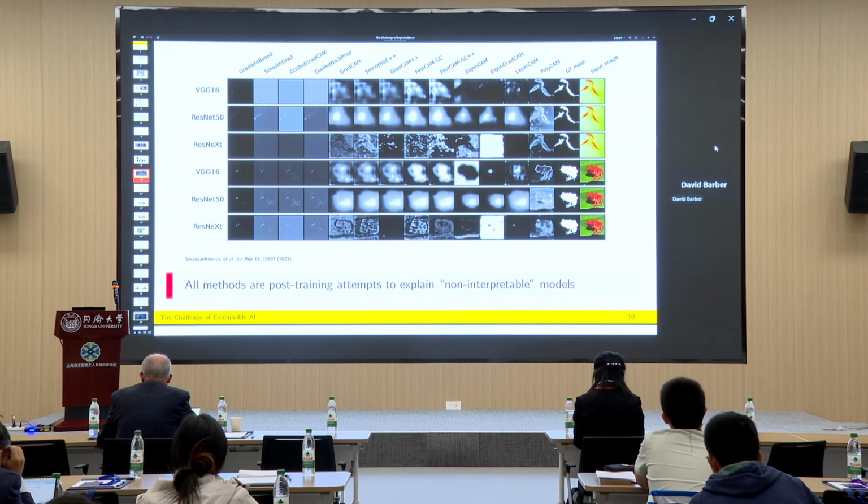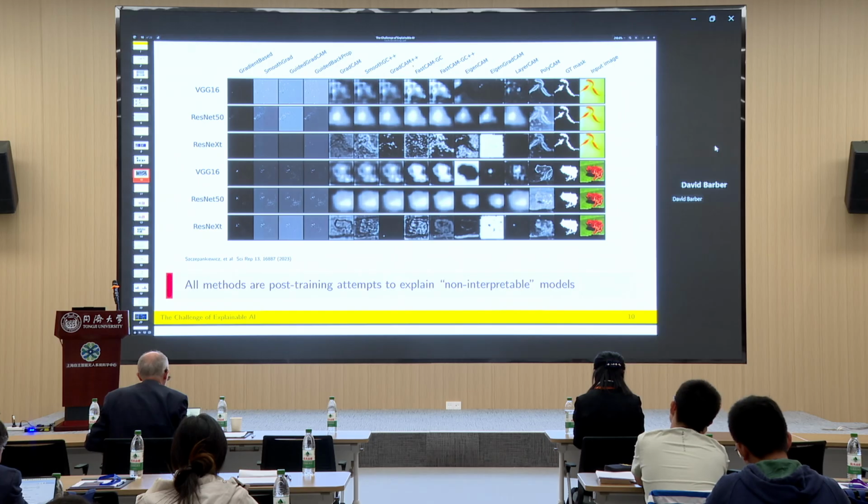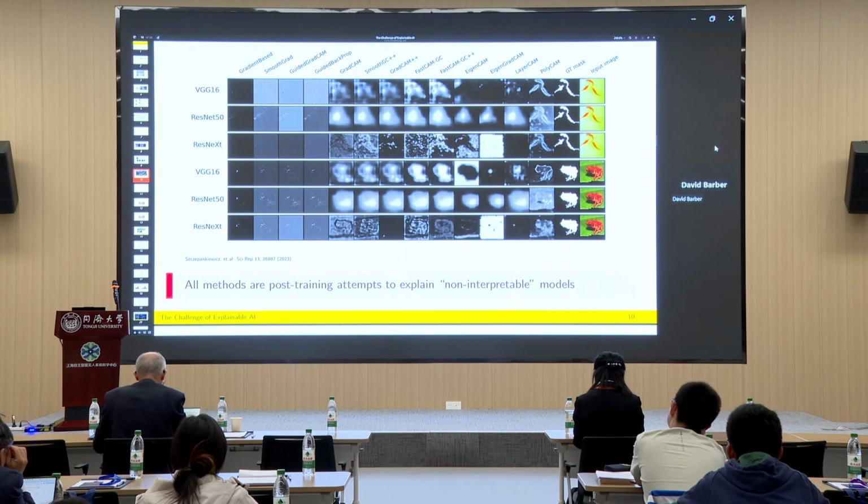Similarly, here's a frog, and this is where the frog is. And there's a whole range of different methods here, some of these gradient-based, some are other approaches as well. And none of them really nails it, some doing better than others. So this PolyCAM is not bad, but most of them are actually rather poor. And the conclusion from this paper was that none of the methods really worked particularly satisfactorily.